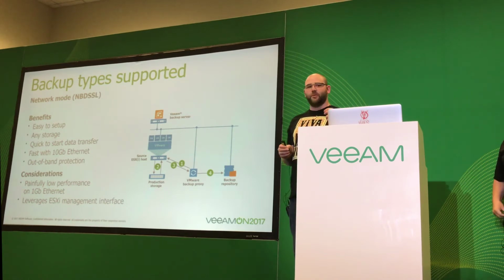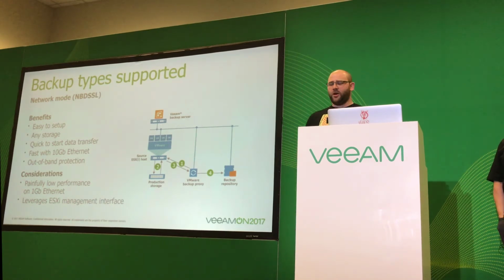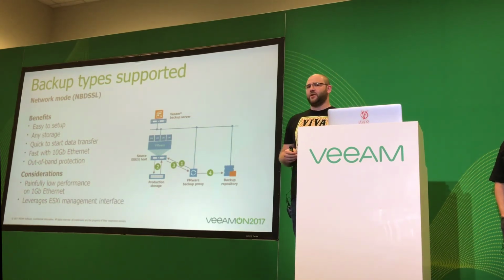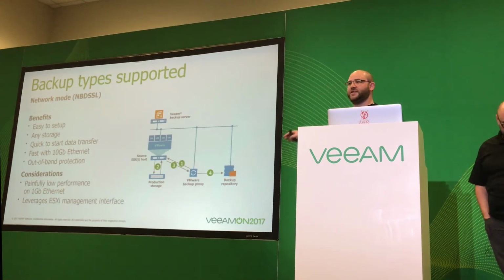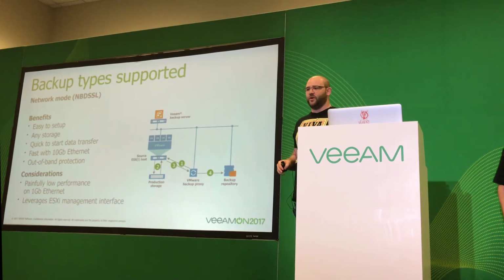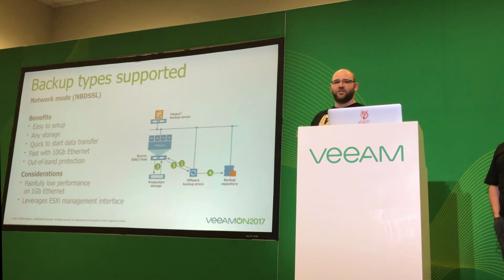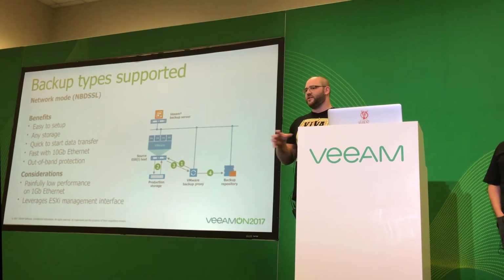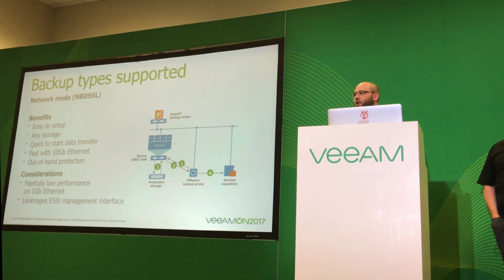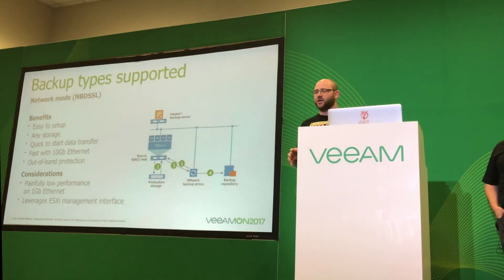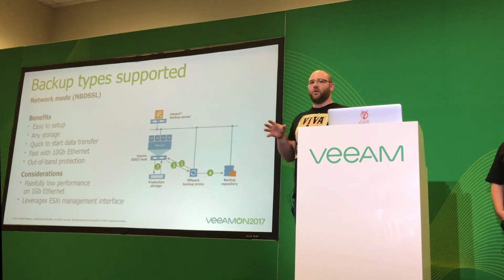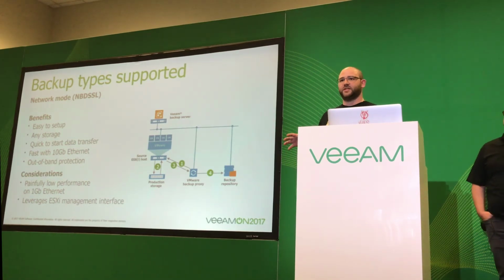So really, from a backup type supported, this is both for vSAN and for VVols, we don't have the ability to leverage our direct SAN or direct NFS into those, because ultimately they're not presented out from VMware. So we have to use NBD SSL, which used to be network block device prior to vSphere 6.5.